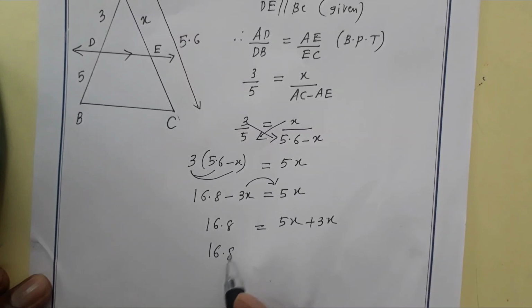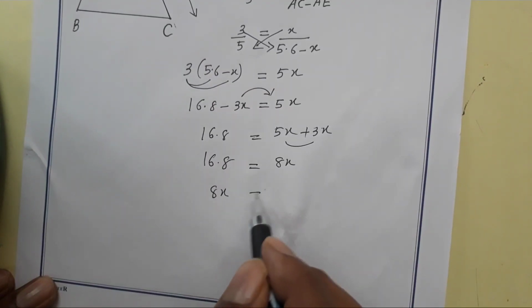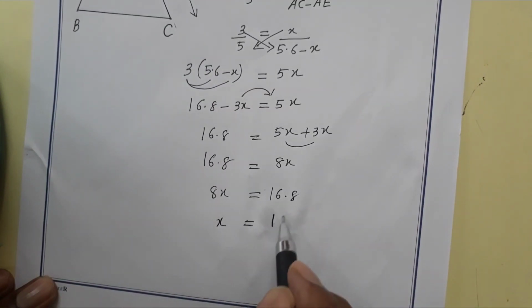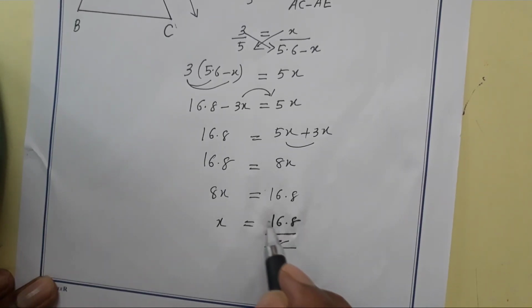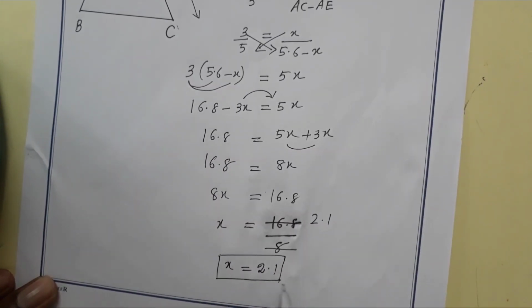So 16.8 is equal to 8X. You can write 8X is equal to 16.8. X is equal to 16.8 by 8. If you cancel, you will get 2.1. So X is equal to 2.1.